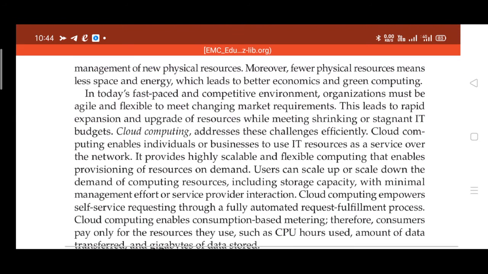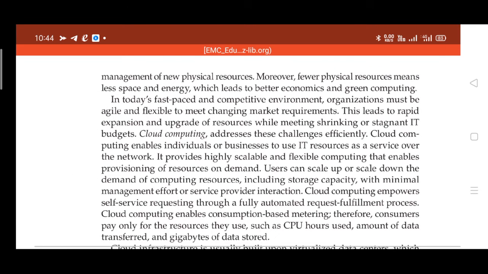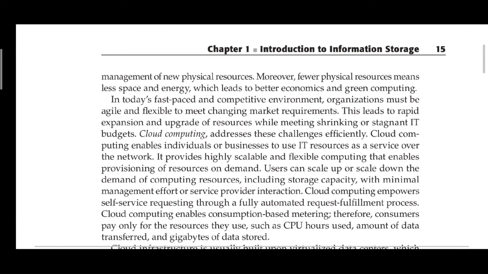Cloud computing is used to address this challenge, which is arranging the logical resources as per the requirements of the IT industry. Physically they may be present anywhere, but they should be organized logically as per the needs of the customer or IT infrastructure.